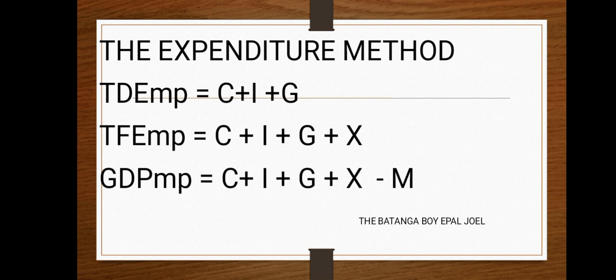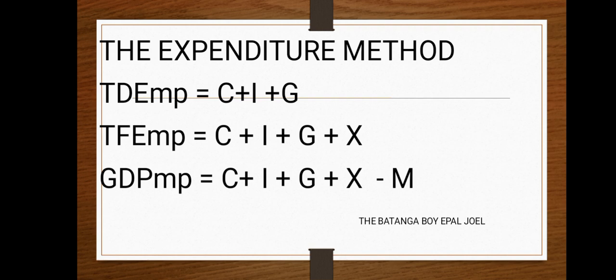And for the economic agents we have in a country, we have consumers, we have investors, that is the firms, we have the government, then we have the rest of the world, which is made up of exports and imports. So beginning first with looking at the total domestic expenditure at market prices, it is given by the formula consumption expenditure plus investment plus government expenditure.